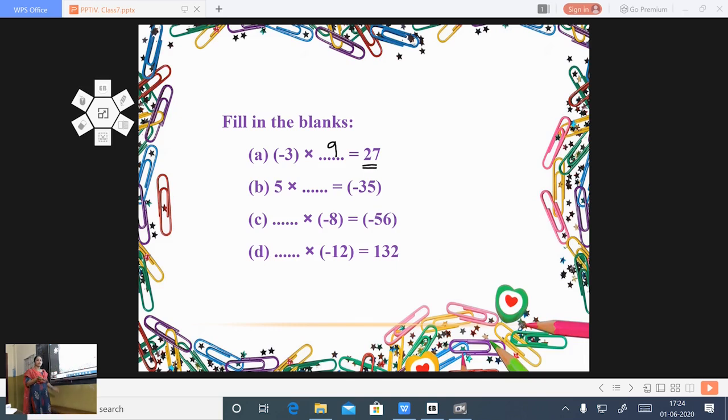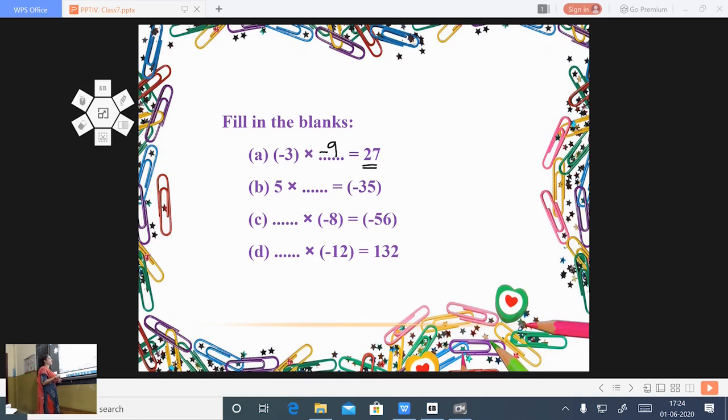In which cases will we get positive as the answer? If both are positive or both are negative. So here my 3 is already minus, so this 9 must be negative. Then only you will get the positive product. Is it clear? Okay.